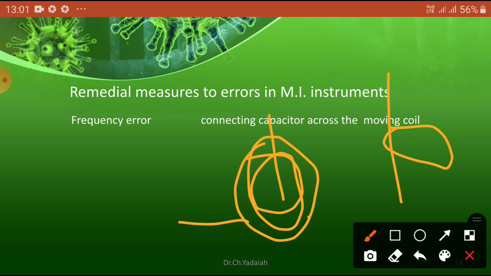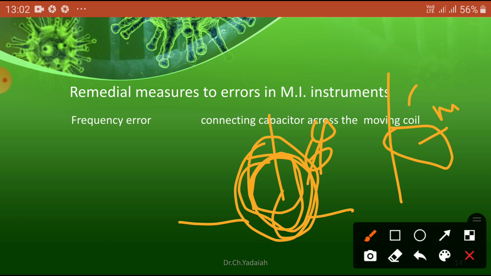When supply is given to this coil, it is magnetized and a magnetic field is developed. This field links with the iron piece, which is magnetized. Now the coil acts as one magnet and the iron piece acts as another magnet. The interaction of these two magnets produces a deflecting torque, and that deflecting torque moves the pointer.